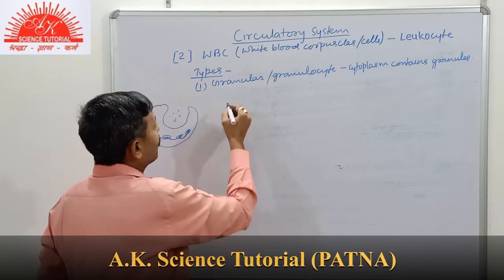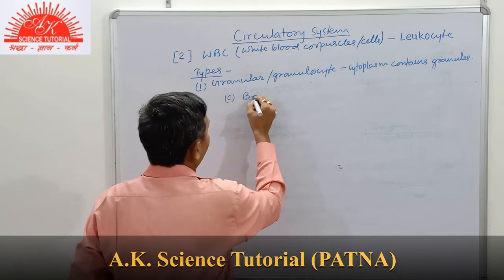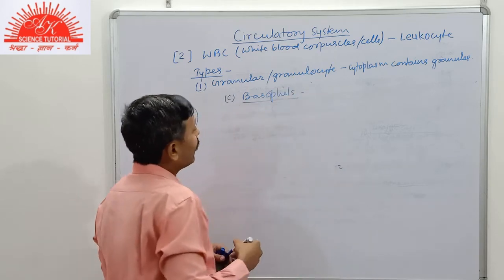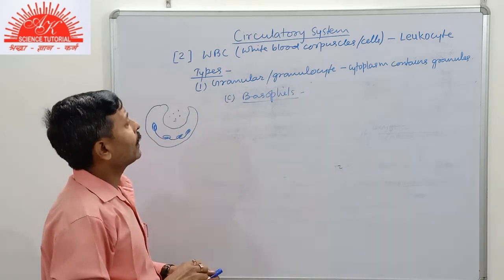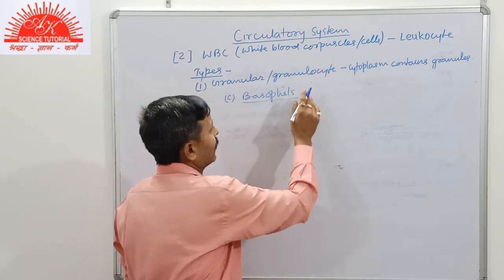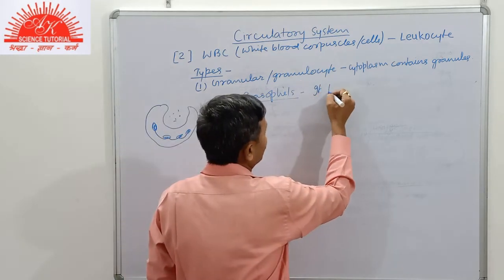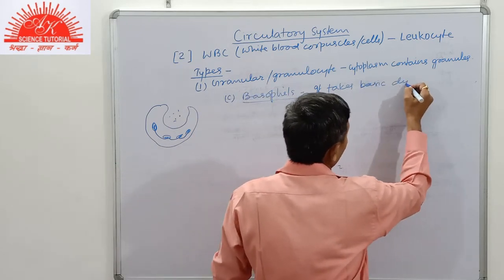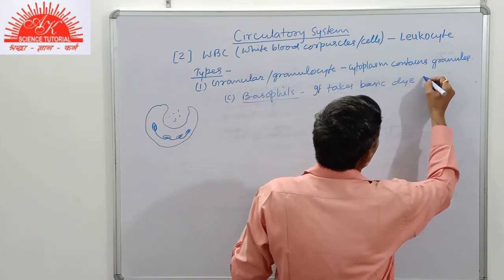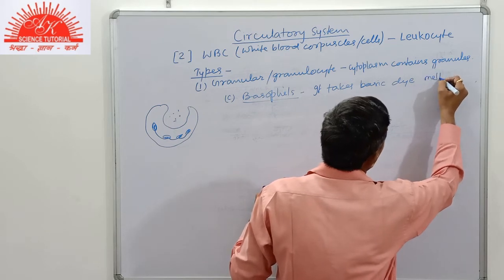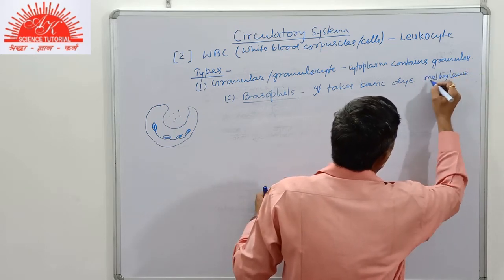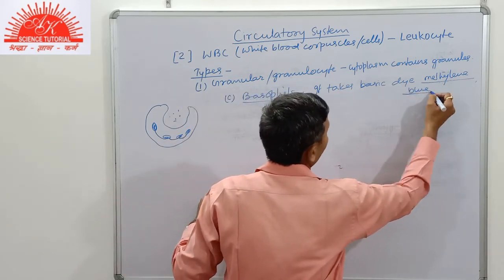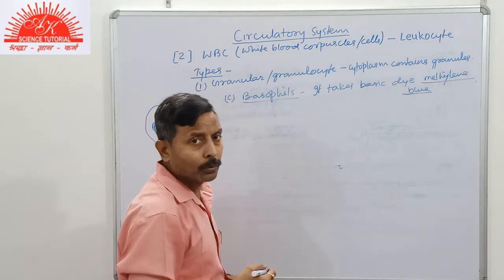Now the third type of it is basophils. Now again the name suggests that it takes basic dye, that is blue colored basic dye called methylene blue.